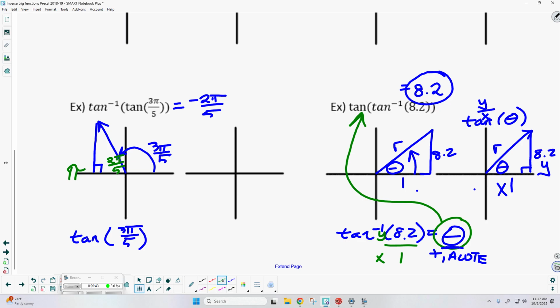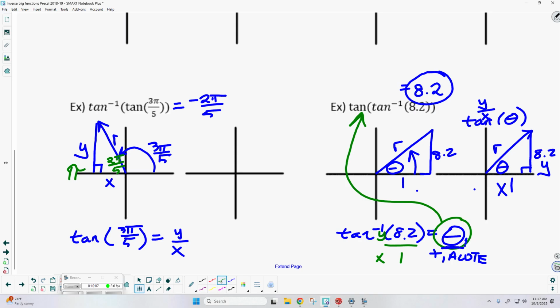Now, unfortunately, this is not a special right triangle like the previous one, but we know that the triangle exists. So there's got to be some base length x, some height y, and some r for the hypotenuse, right? Even though I don't know what this ratio is going to be, let's do just like we did on the previous problem. Let's just say that tangent of 3 pi over 5, that's y over x.